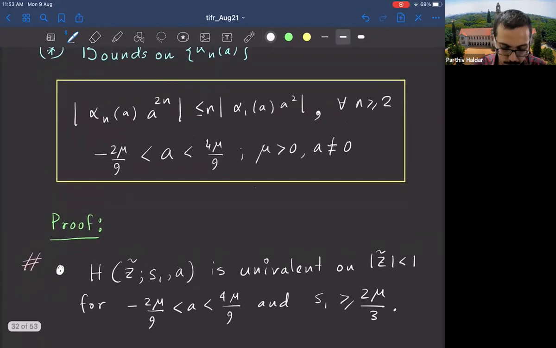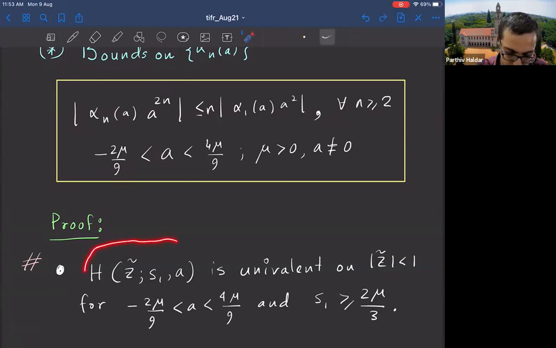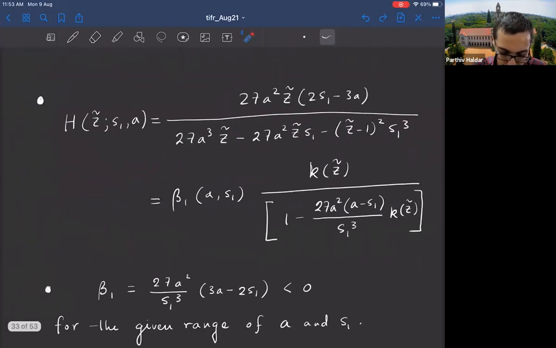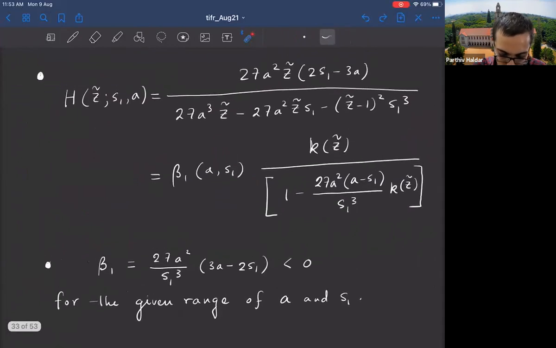So just to sketch the proof, the proof starts with looking at the kernel. This kernel is actually univalent on the unit disk, z tilde less than 1, for these values of a and s1. And as I told, this turns out to be a Mobius transformation of the Koebe function.